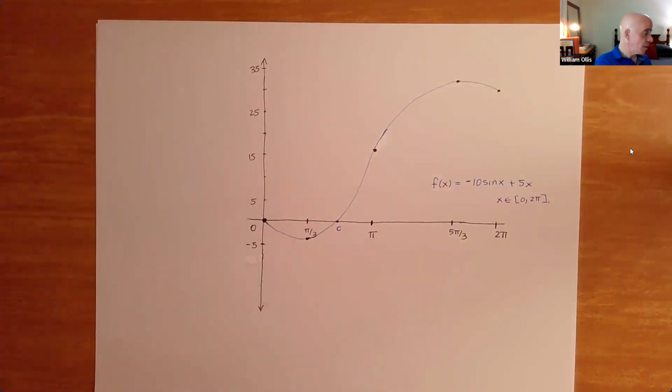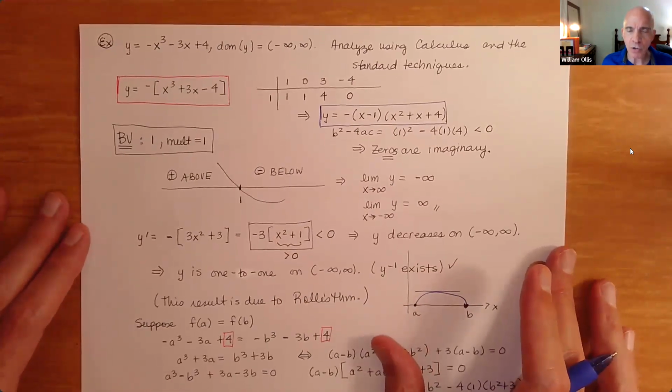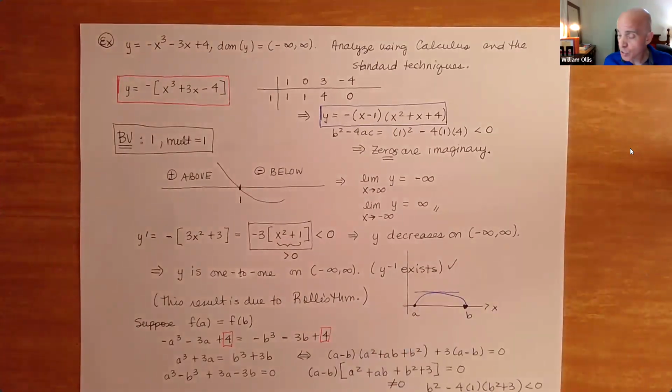So now what I want to do is cover a more straightforward example. That is, this next example I want to show you, I went ahead and worked it out, and it's a little bit simpler than the last one, but I just wanted to show you the analysis so you could compare this to the work that you did in pre-cal in college algebra.